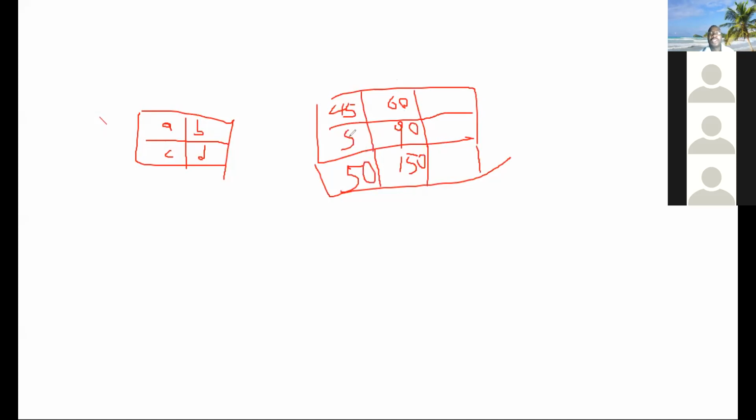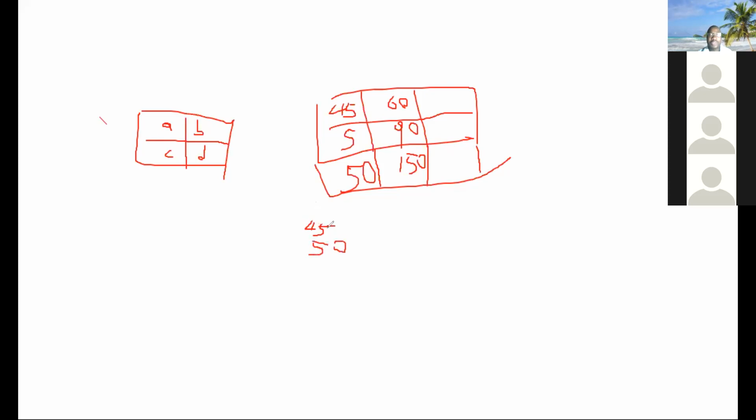If you want to calculate the risk among these people now, what is the proportion that smoke here? It's 45, so the proportion will be 45 over 50.